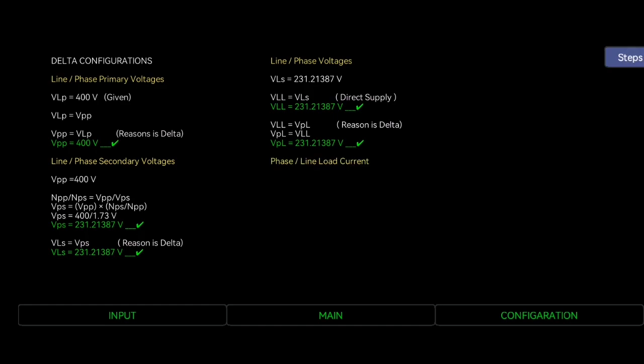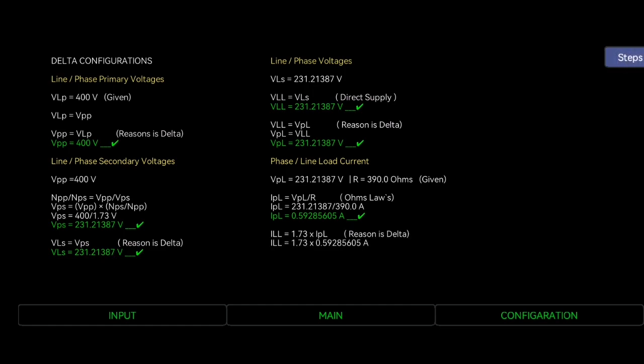So now you're going to look for phase line current on the load. So we're going to use the voltage above and the load that is given there to find the current, then calculating the current. Then this is the actual current on the load that's consumed.